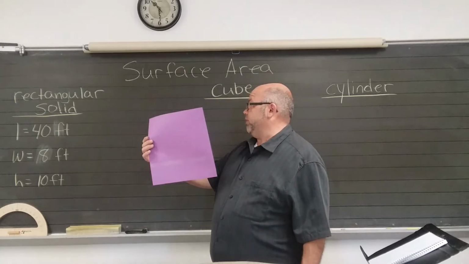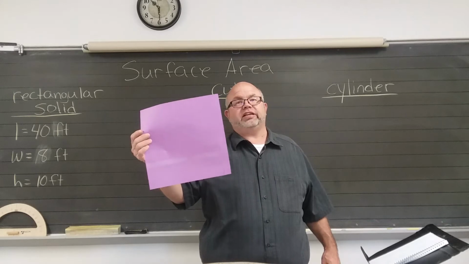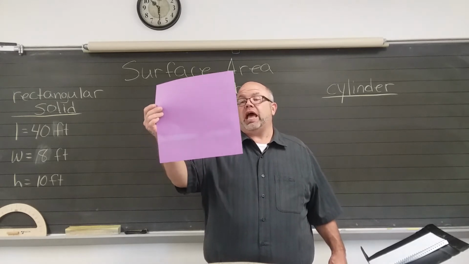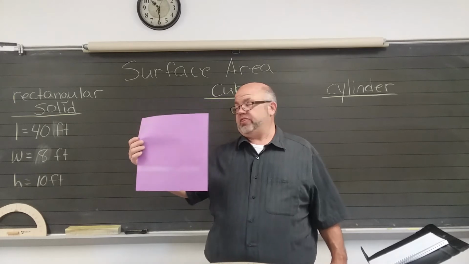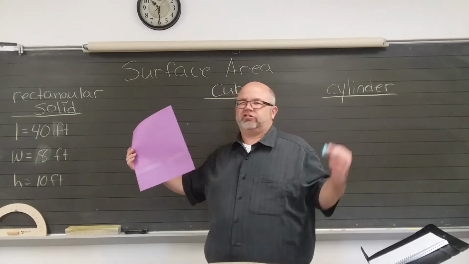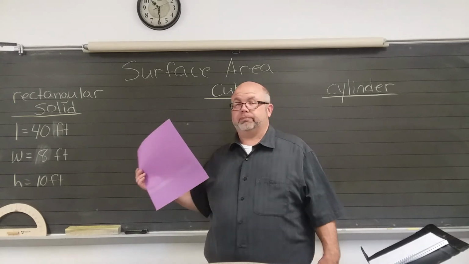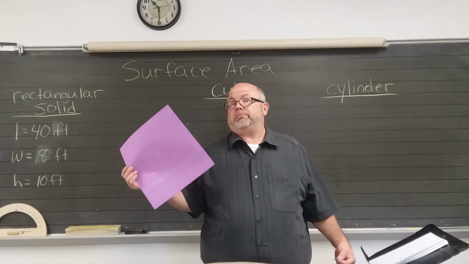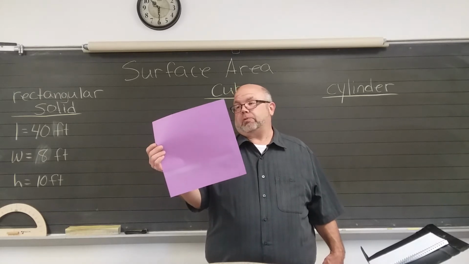So for example, the rectangular solid that is 40 by 8 by 10 feet, you are figuring out how many of these will cover that entire thing. That is close to the dimensions of some shipping containers. Some are bigger, some are smaller.